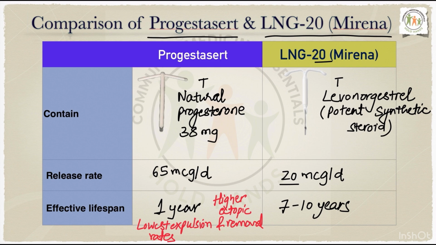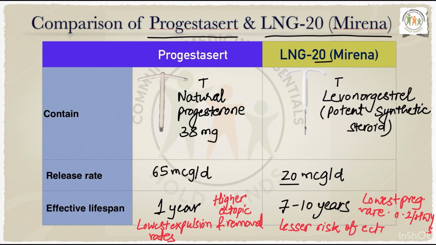And LNG-20 has lowest pregnancy rate. Please remember it is 0.2 per 100 women years. And Mirena has lesser risk of ectopic pregnancy and reduced menstrual blood loss as compared to copper IUDs.